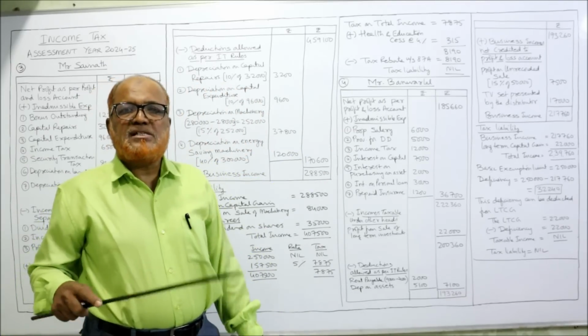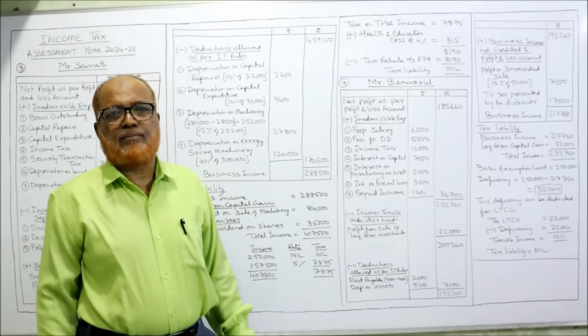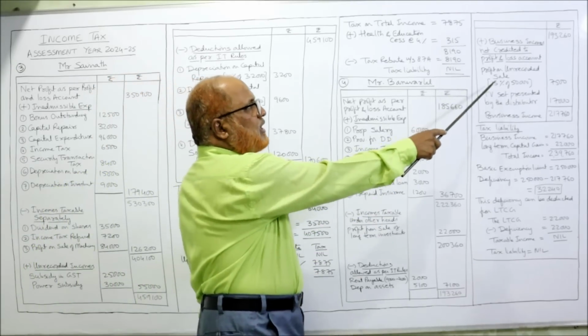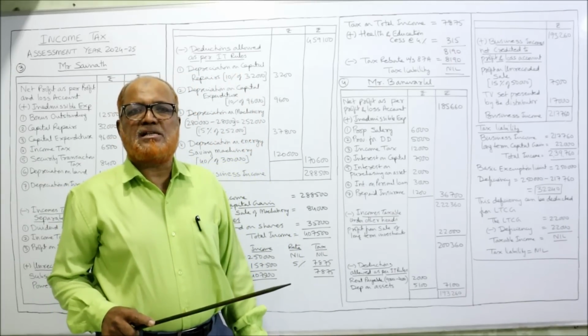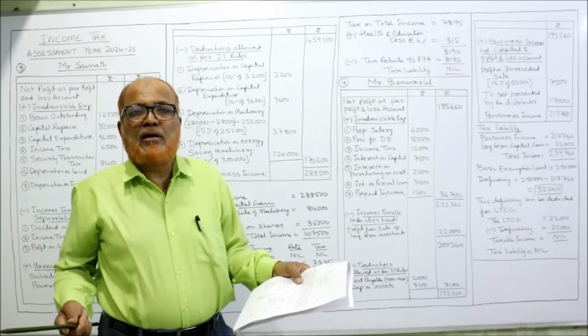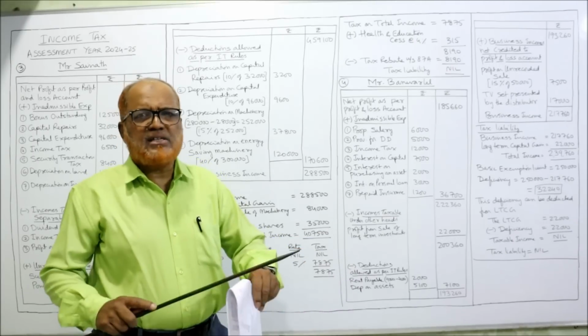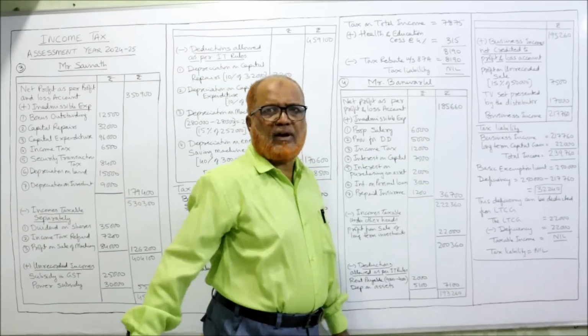193,260. Now business incomes which are not credited to profit and loss account. In adjustment it is given. Some business incomes are there, profit on unrecorded sale. 50,000 rupees sales are there which are not recorded. Now rate of gross profit current year is 15%. Previous year we don't require. Current year 15% of 50,000, 7,500.